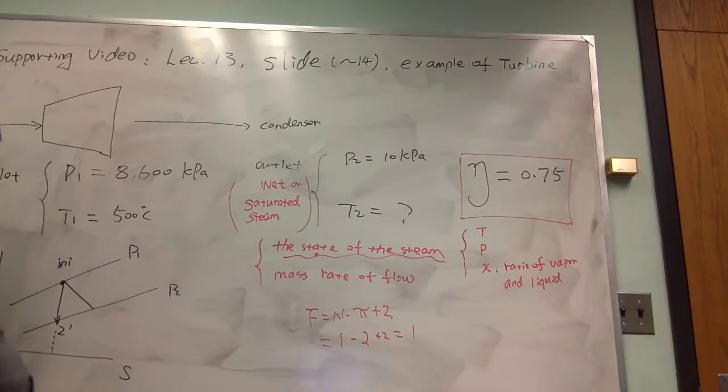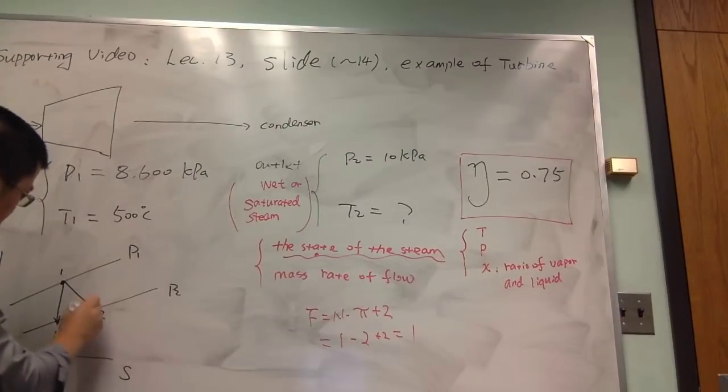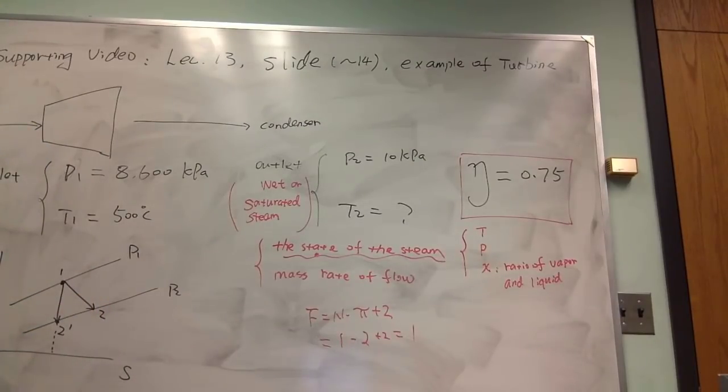Let's call this 1. This will be 2. We can see that this is my corresponding H1. This is my corresponding H2 prime. That itself is my actual H2.